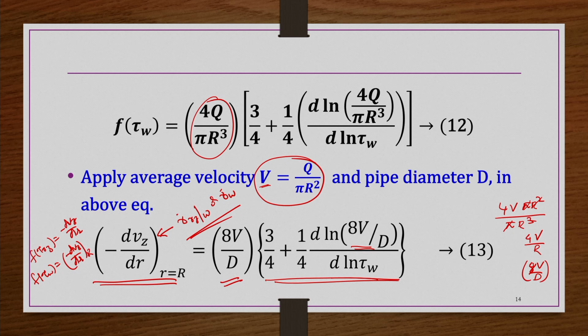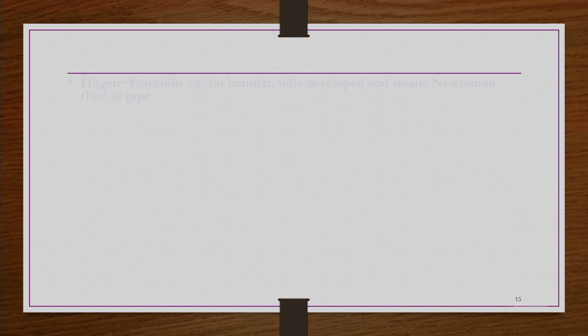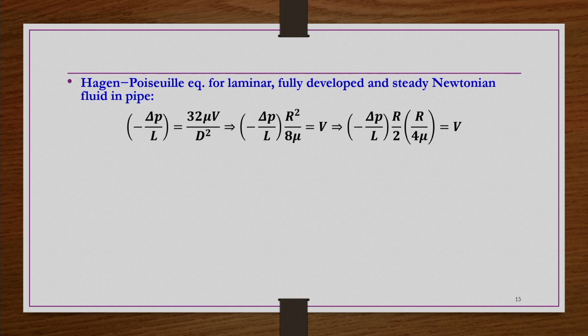If Newtonian fluid is flowing through an infinitely long circular pipe, then we can get the pressure drop expression for that case by the Hagen-Poiseuille equation, that we know. That Hagen-Poiseuille equation is nothing but minus delta p by L is equals to 32 mu v by d square. Remember, this is for the Newtonian fluid only. There is a point for writing this one, we will be realizing in the next step.